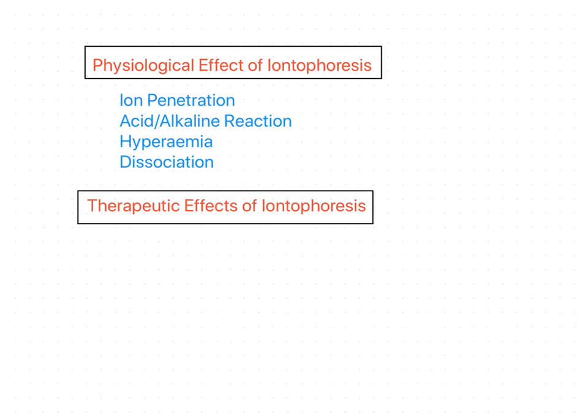Since each ion is different, specific ions are utilized for the treatment of pain, spasm, and inflammation, and some of the effects common to all are ion penetration, acid alkaline reaction, hyperemia, and dissociation.